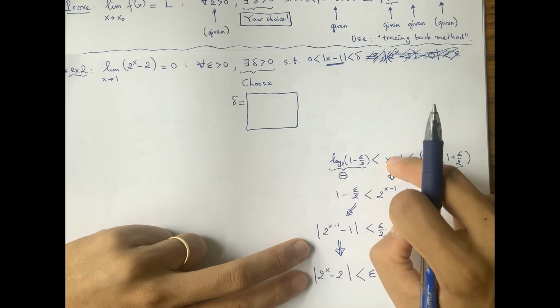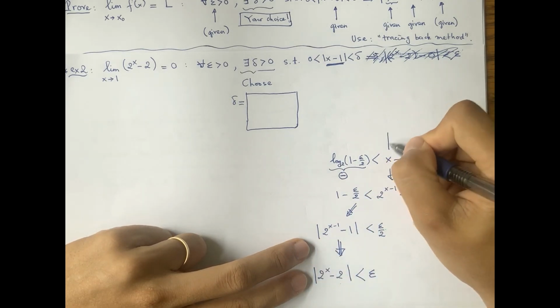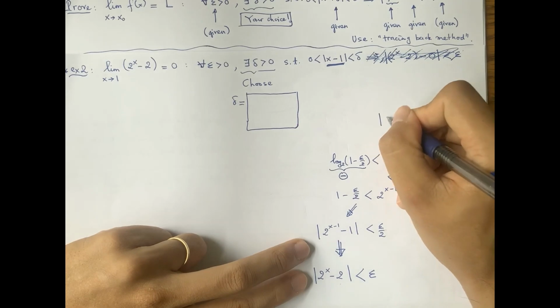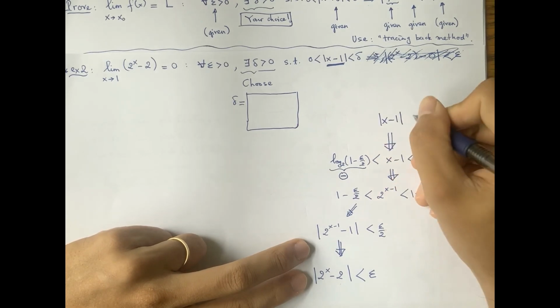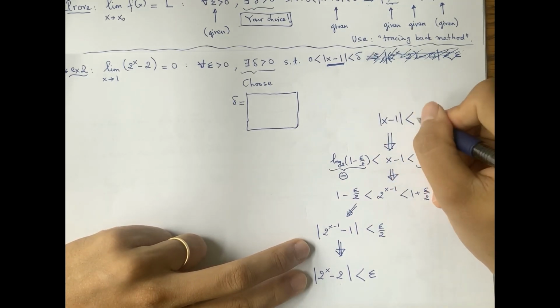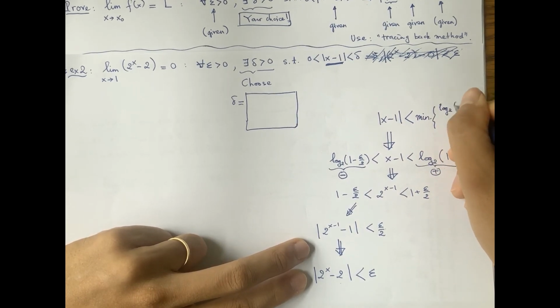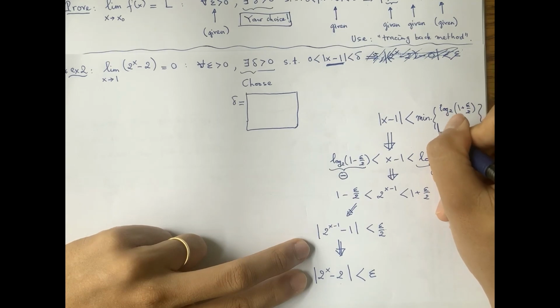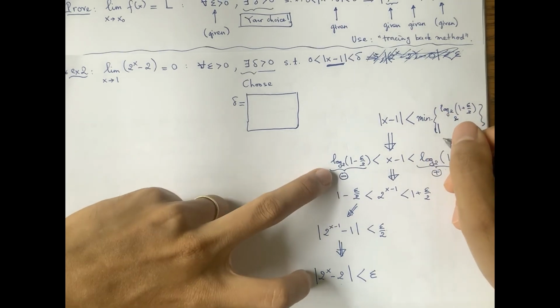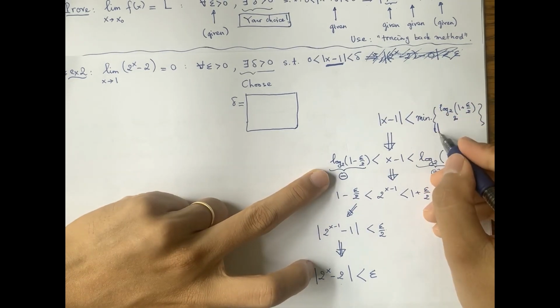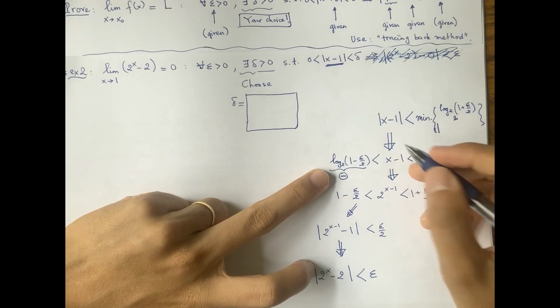But how can you get to this? Well, if you can get the absolute value of x minus 1 being less than the minimum between the log base 2 of 1 plus epsilon over 2 and the absolute value, we use absolute value because we want it to be positive, right?